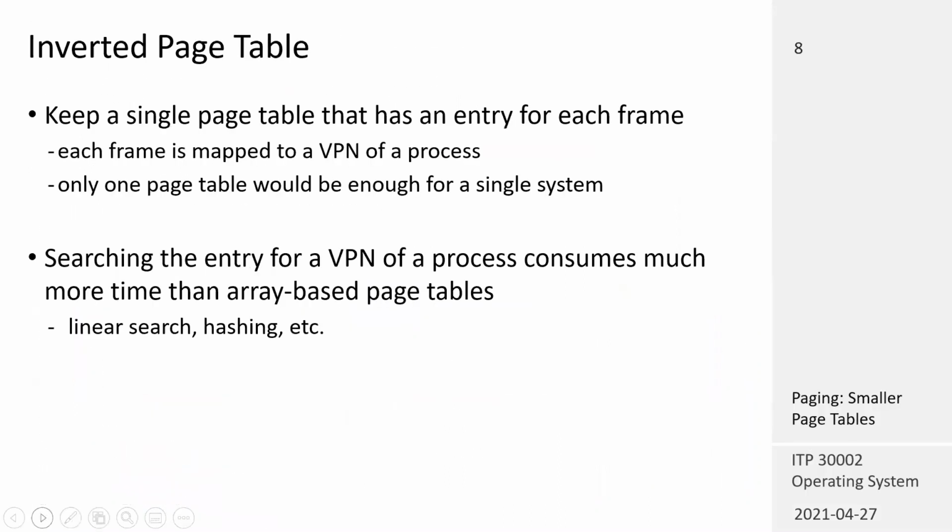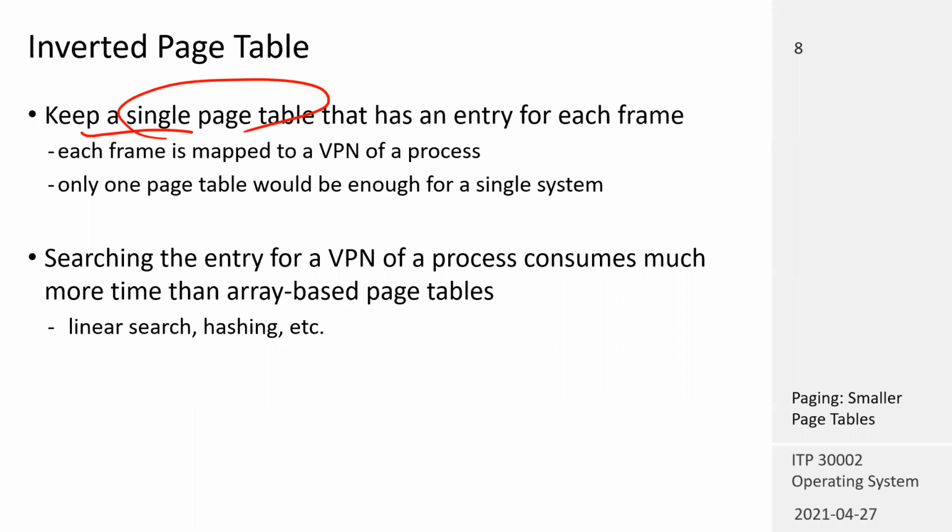The last idea is the inverted page table. Instead of having a page table per process, it keeps one big single page table for the system, with an entry for every frame to indicate to which process and to which VPN of the process the frame was given. So the inverted page table is pretty memory efficient because we keep just one instance of the page table in the system.